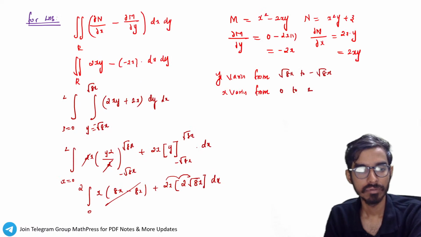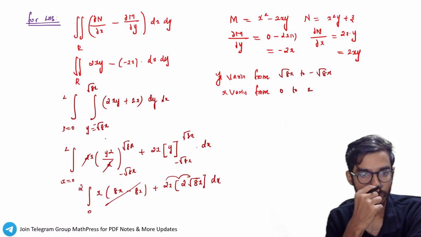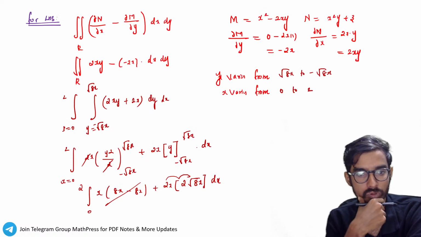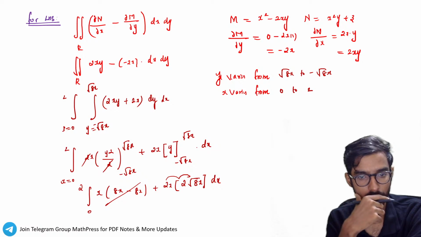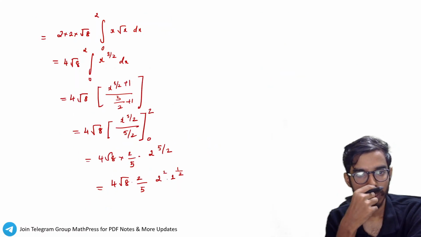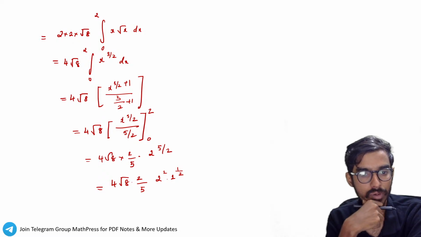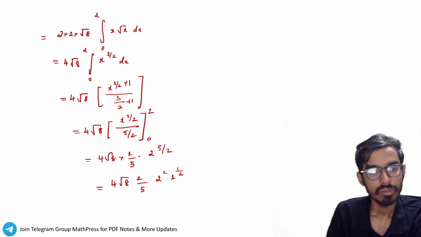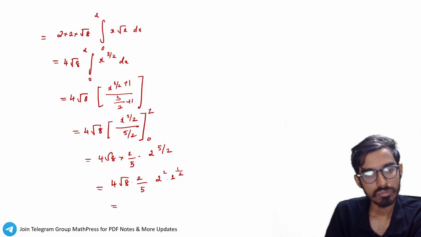Direction is correct, right? 2x y square by 2. So y square will be 0. So 2x root 2, 4 root 8, x power 3 by 2, times 2 by 5. Okay. So 2 square is 4. So 4 into 4 is 16.